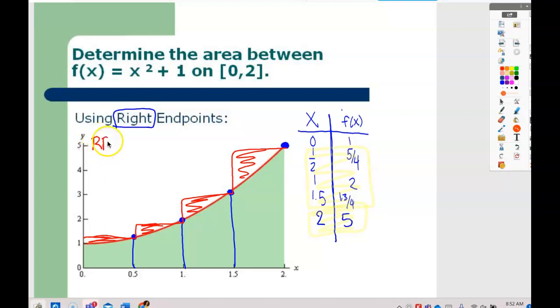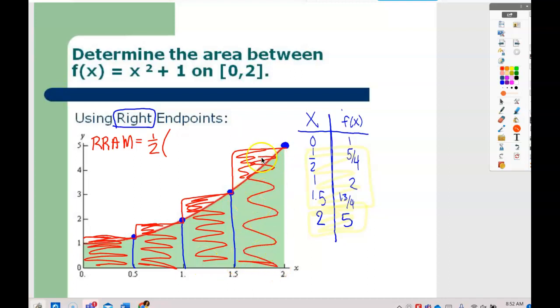So RAM equals 1/2, because the base of every rectangle is the same, times the sum of all their heights to get each area. So again, I'm looking for all 4 areas. So I'm going to add all 4 of their heights.